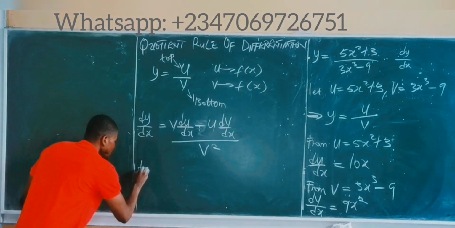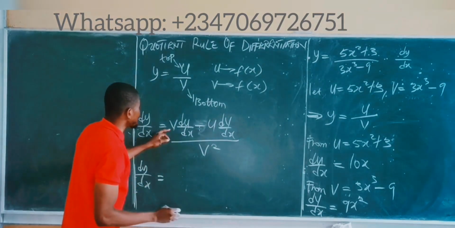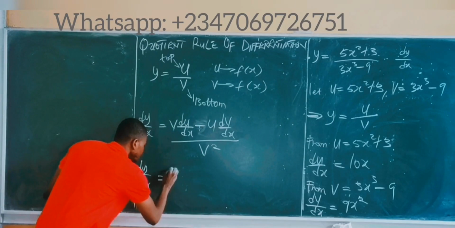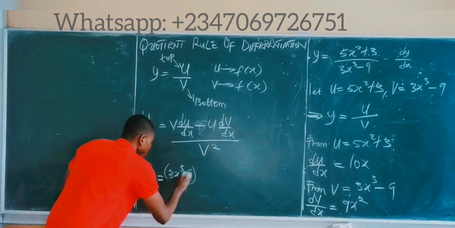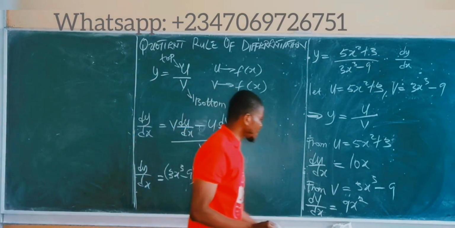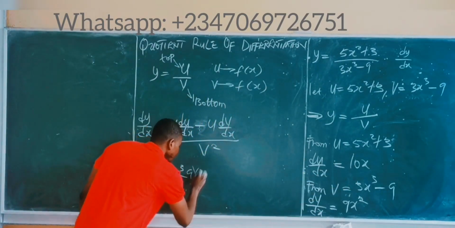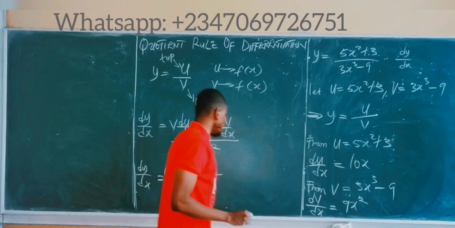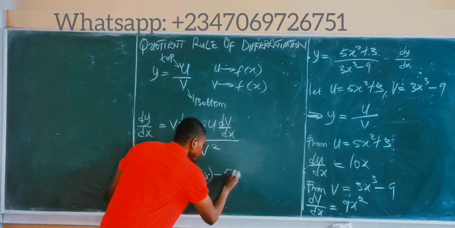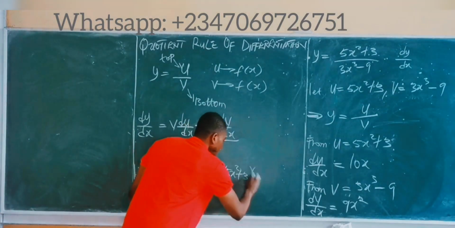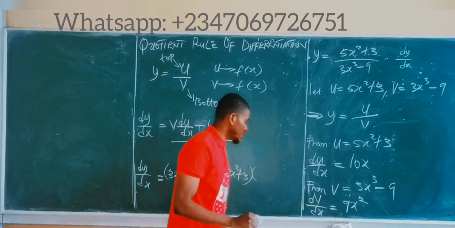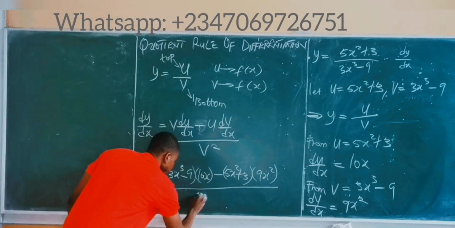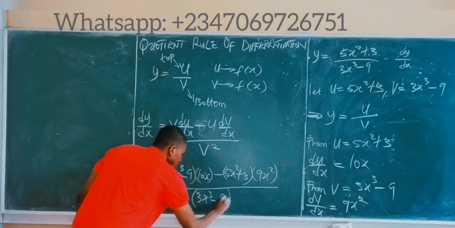Let's try it and see. dy/dx is now equal to, in place of v, we have 3x cubed minus 9, multiplied by du/dx, which was 10x, minus u, which is 5x squared plus 3, multiplied by dv/dx, which equals 9x squared, all over v squared, which is (3x cubed minus 9) all squared.